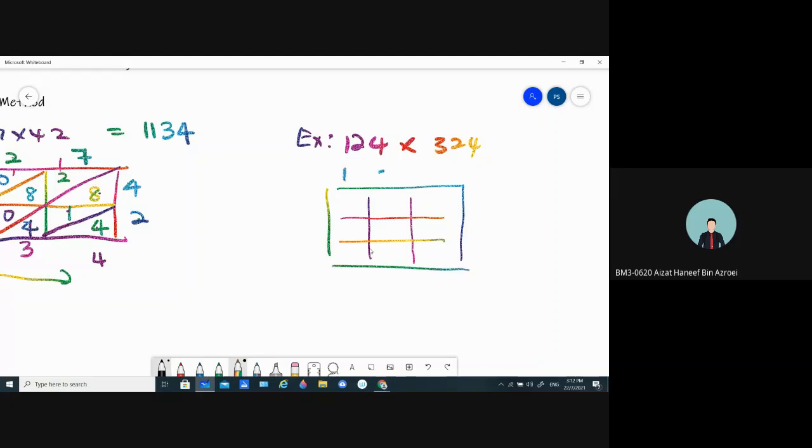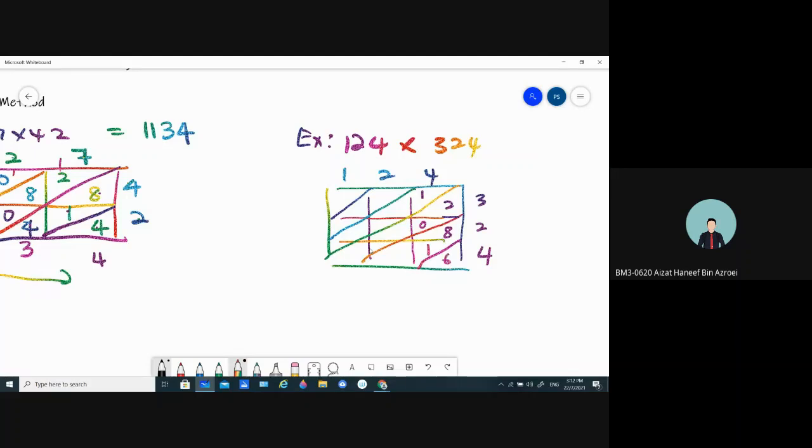So 124 and 324, then draw your diagonals. 4 times 3 is 12, 2, 1. 4 times 2, 8, 0, 8. 4 times 4, 16, 6, 1.